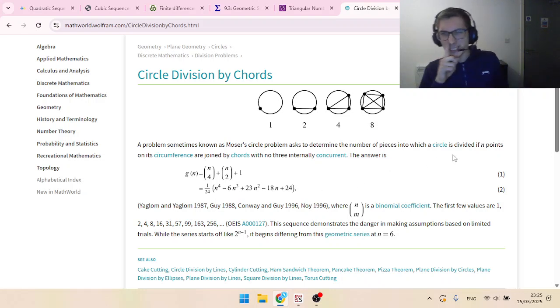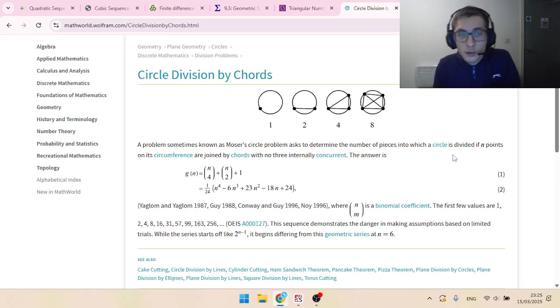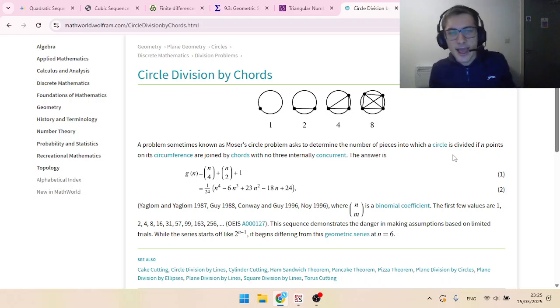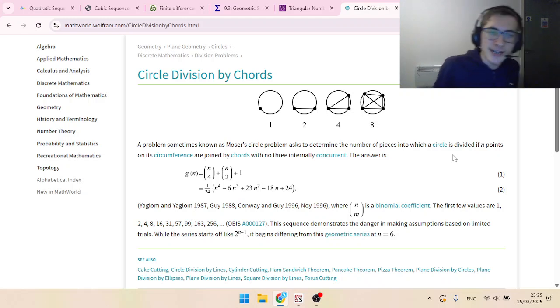Imagine that. So at first we thought that this is just, again, 2 to the power of a number, but it turns out that that is not the case.